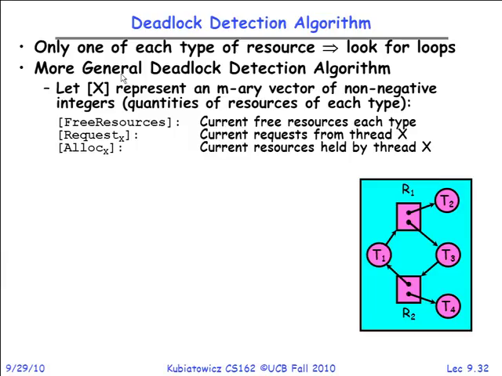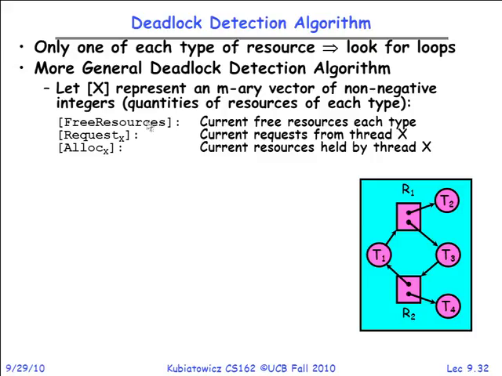But notice that if we have a vector that represents all the resources, so there's as many entries as different resources, then free resources is a vector for which you have an entry for R1, R2, R3, R4, and each entry says how many free dots are there. So for instance, if we only have resource 1 and 2 here, the current free resource vector is 0, 0 because both of these are busy.